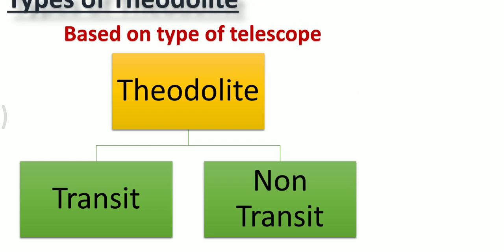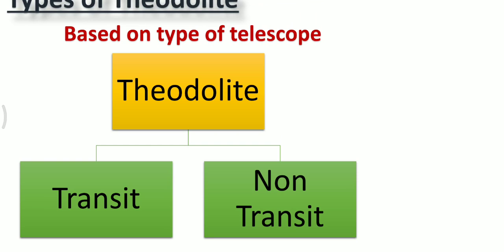The second type of theodolite is the non-transit theodolite. The non-transit theodolite is the opposite of the transit theodolite. It is the theodolite whose telescope cannot be rotated in the vertical plane.